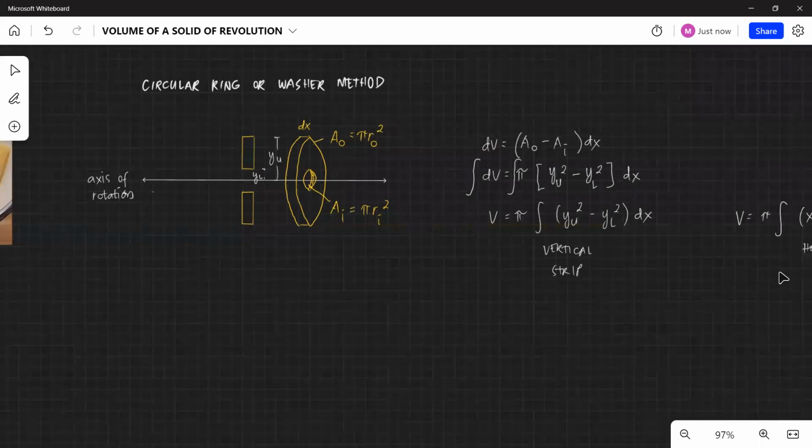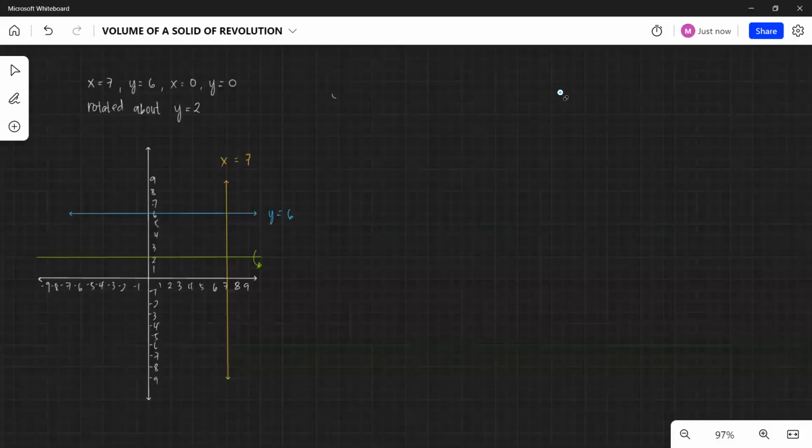So let's have an example. What if we have the area bounded by x equals 7, y equals 6, x equals 0, and y equals 0, and it's rotated about y equals 2. We now have this blue line, y equals 6. For a horizontal line, there's no x term, so the 6 is the y-intercept.